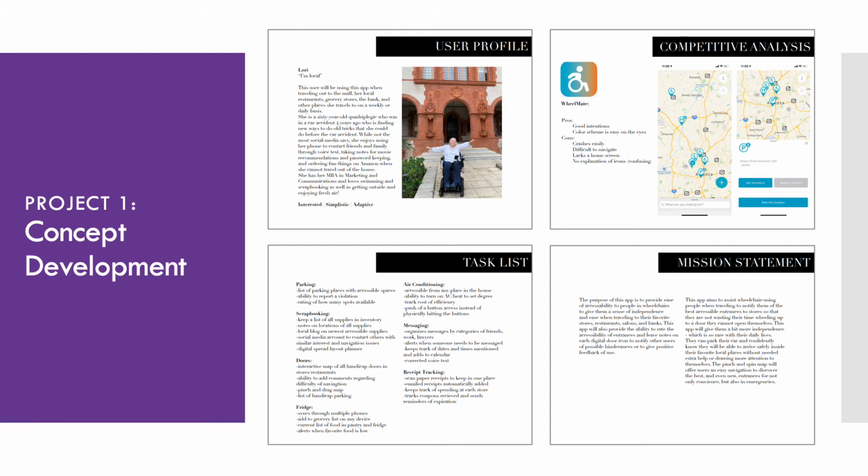So that's similar to a competitive analysis. And then they craft a mission statement to ensure that the app has a clear purpose. This student's user was her mother, who's a quadriplegic, and she developed a concept called Wheelable for her mom to find accessible places.